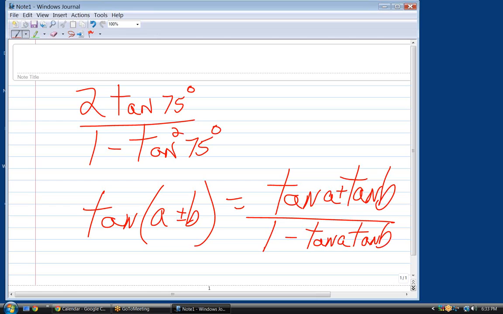I guess I can just go through and plug in everything. I know what the tangent of 30 and 45 degrees are, so I'll call A 30, B 45.